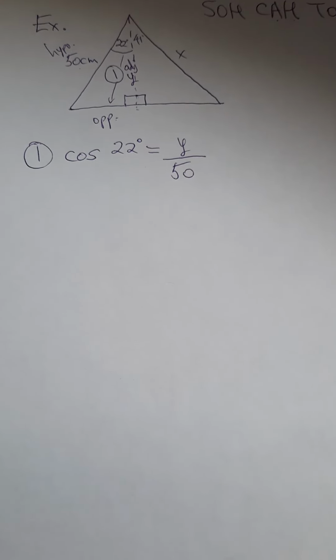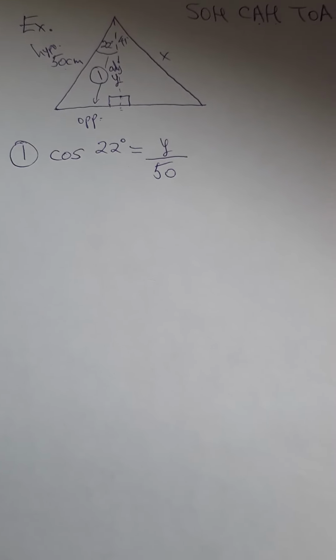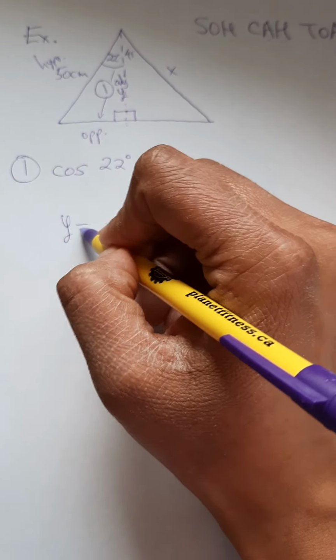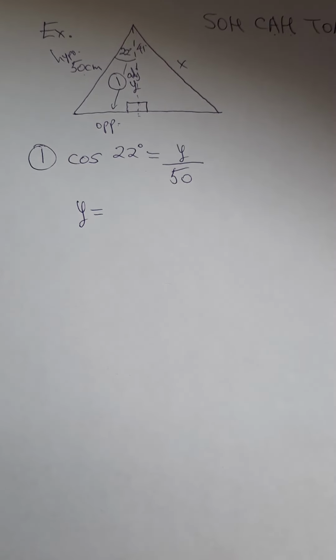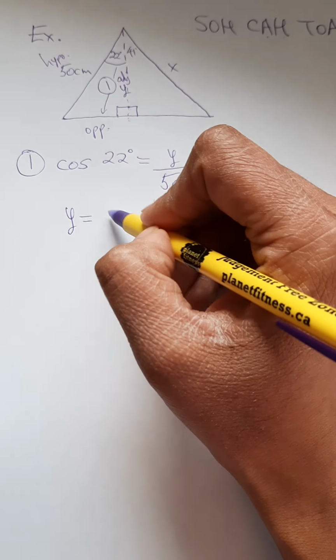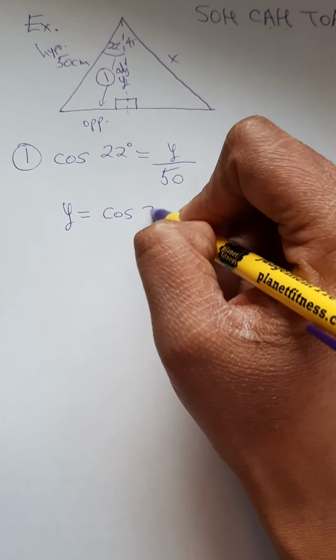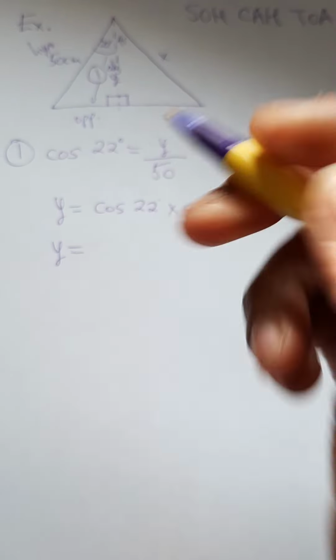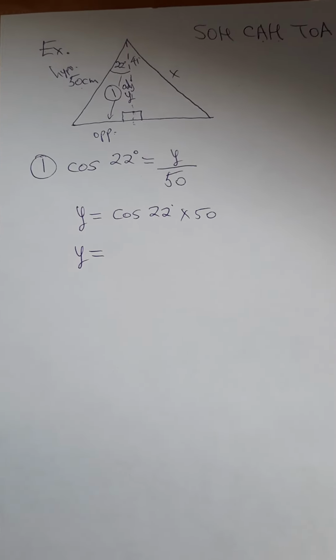Does everyone see that? The adjacent side, we're just making it equal to y. And then we're plugging it into this formula. This time when you're looking for y, you notice how y is on the top here. I'm just going to multiply both of these numbers together. So cos 22 degrees times 50, and this is the value for y.